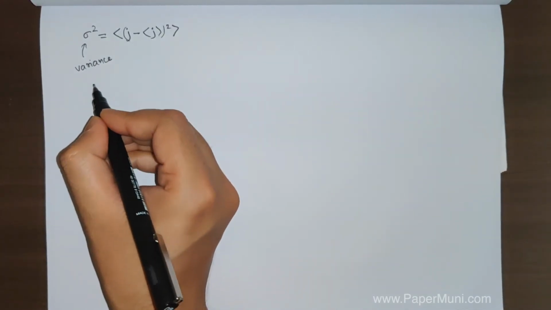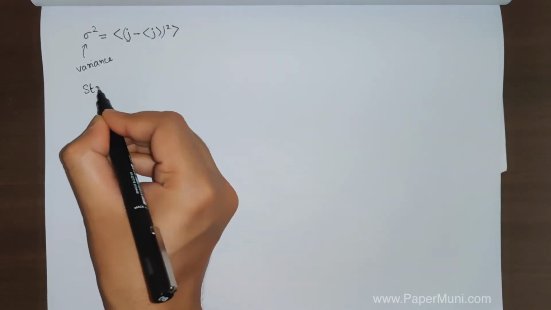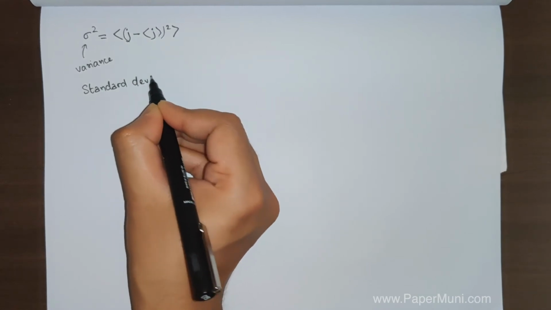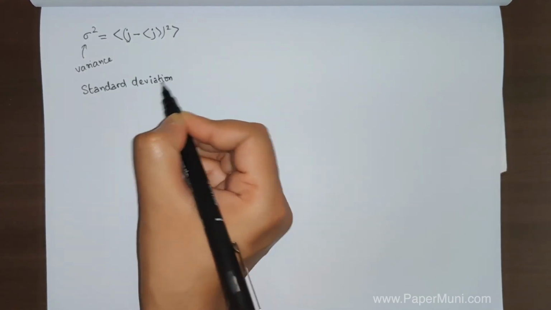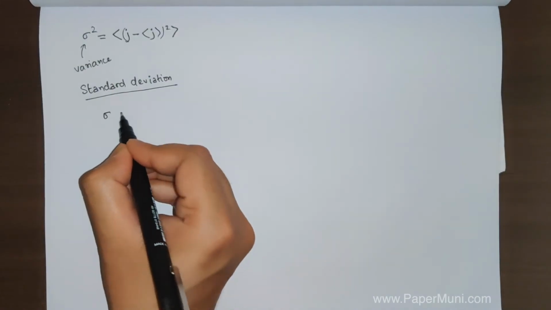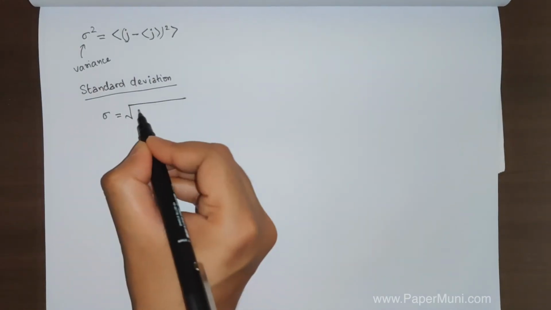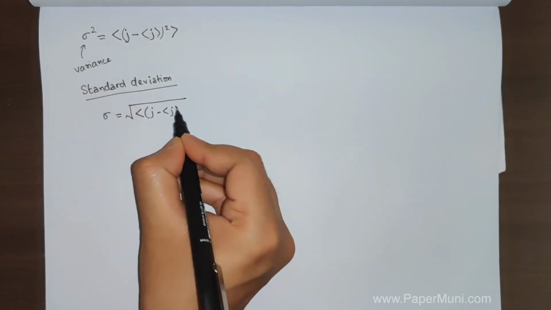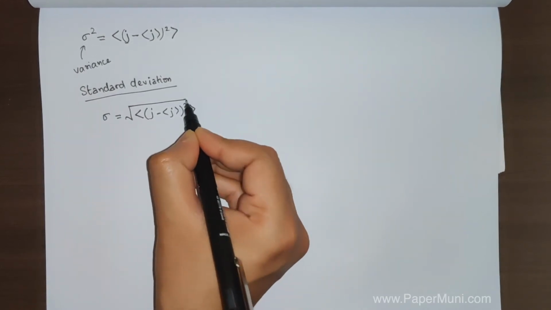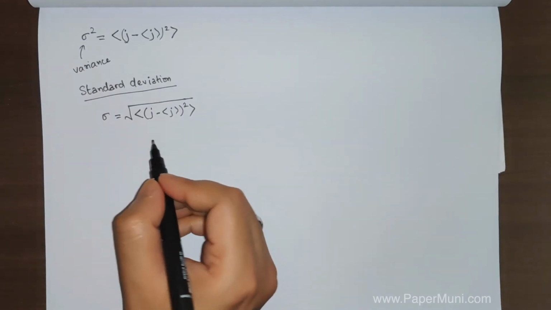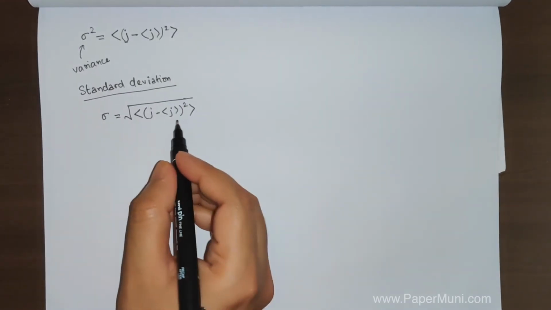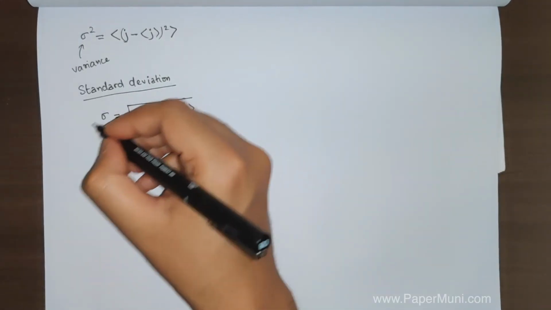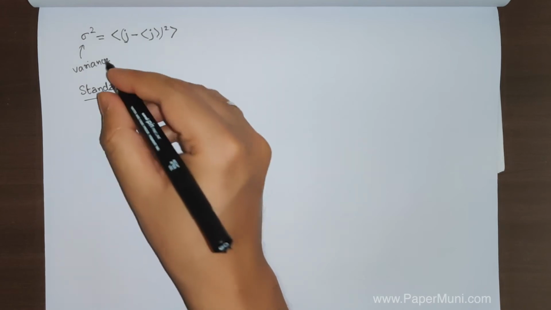Now we'll define a quantity called standard deviation. Simply, sigma is equal to the root of the mean of j minus the mean of j, whole square. This quantity is known as standard deviation, the square root of the variance.